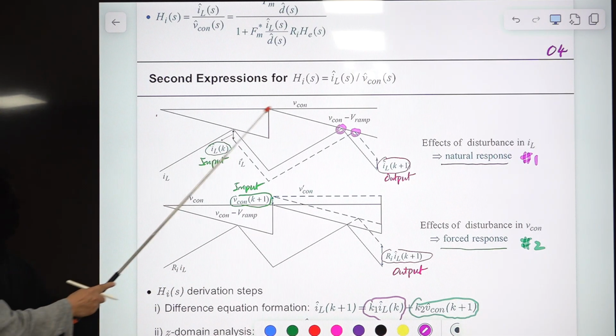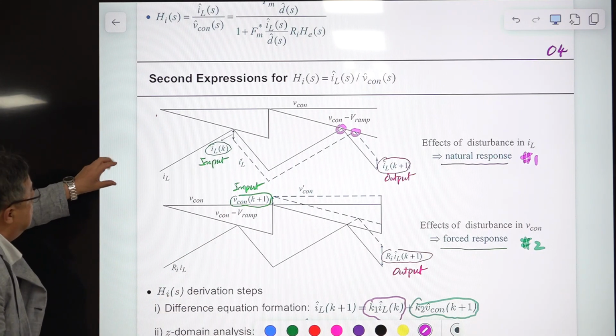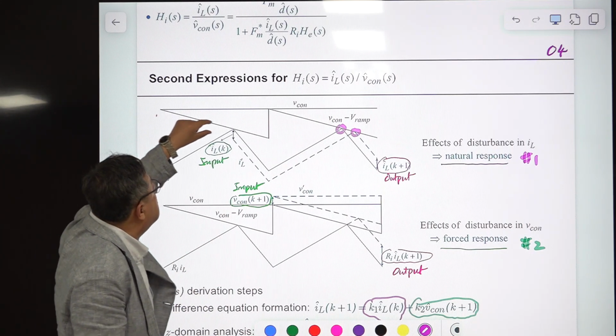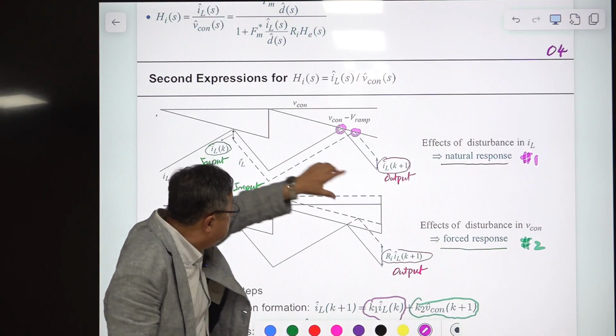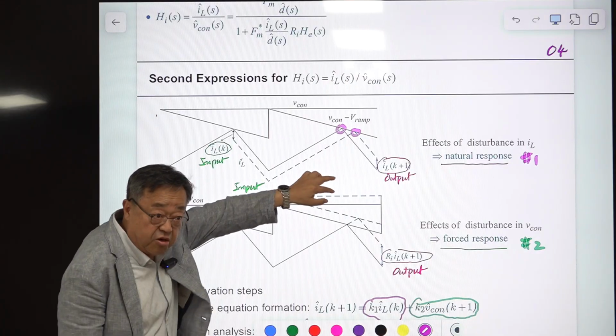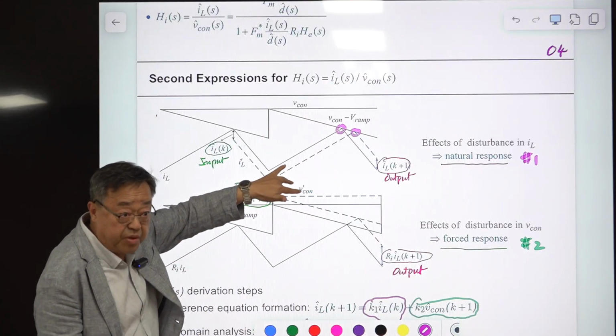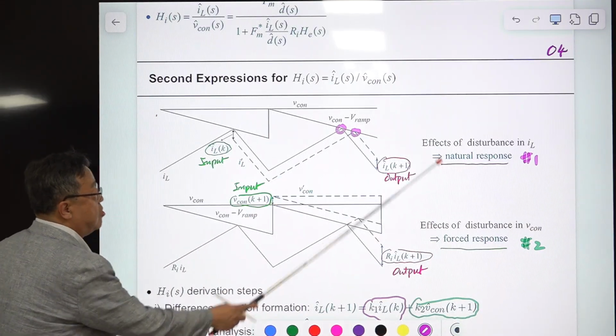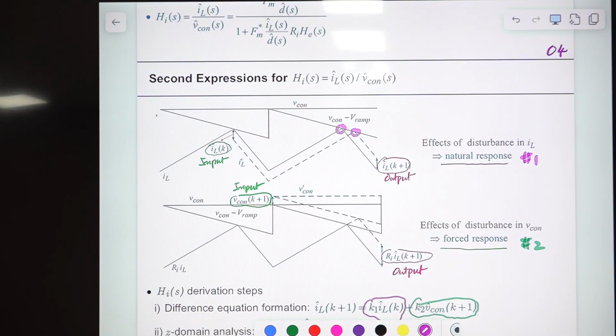This is the input and this is the output. It explains how this disturbance is propagating to the next operational period. So this is called the natural response, equation number 1.